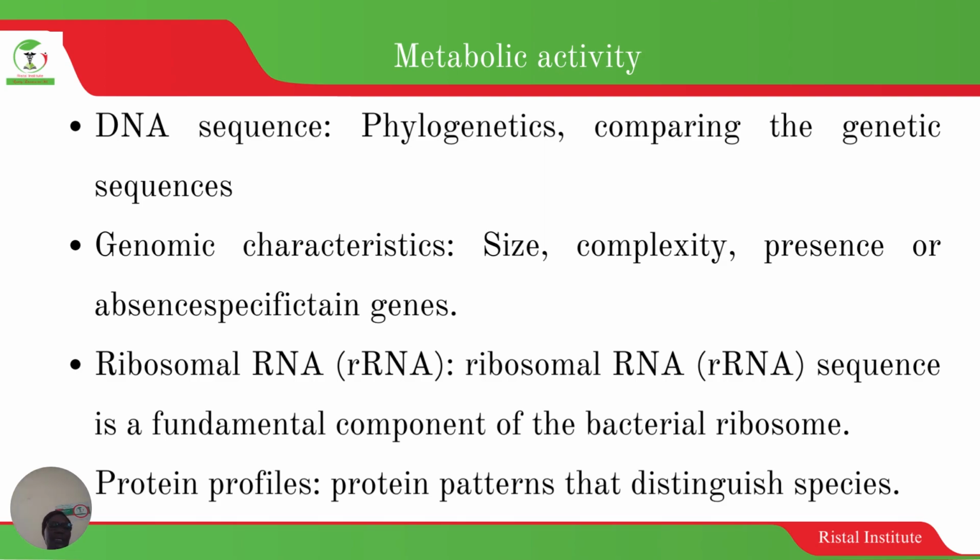When we talk of genomic characteristics, we are looking basically at the size, the complexity, and the presence or absence of specific genes. For example, the ribosomal RNA sequence is a fundamental component of the bacterial ribosome. These sequences can also be looked at. Then the protein profiles or protein patterns are also able to distinguish certain particular bacteria species.